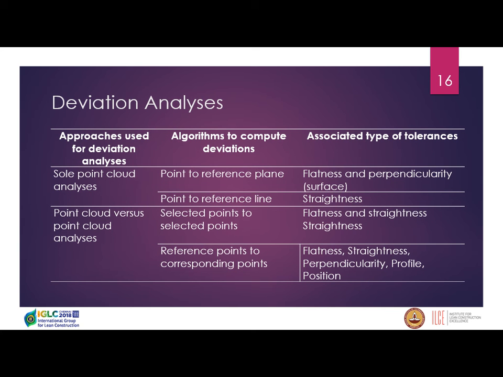In this paper, we investigated different algorithms to compute deviations. For instance, for sole point cloud analysis, we can use point to reference plane or point to reference line. Flatness and perpendicularity can be measured by that, and also straightness for point to reference line.